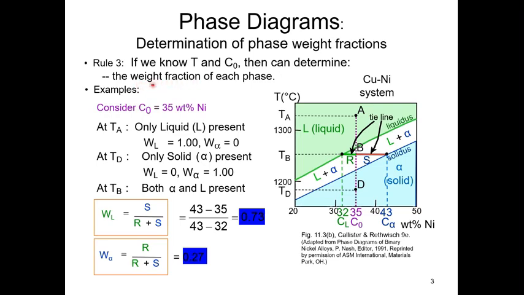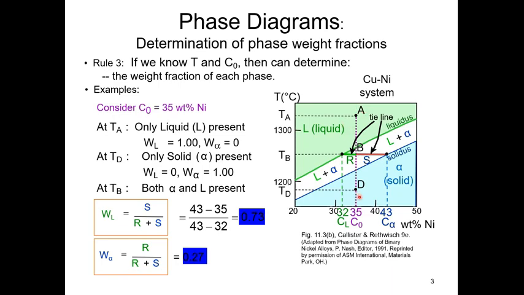It is the same thing. So for example, at A it is 100% liquid. So the weight fraction must be 1. 1 means 100%. So you have the weight of L, liquid, 1. Weight of alpha, which is the solid, will be 0, because here it is 100% liquid.